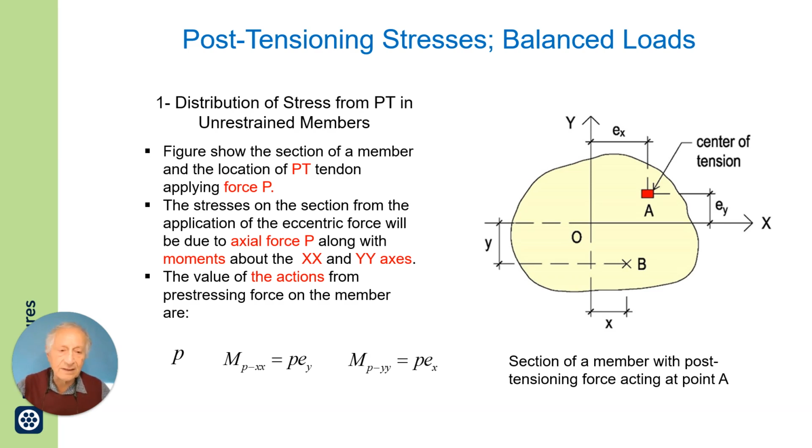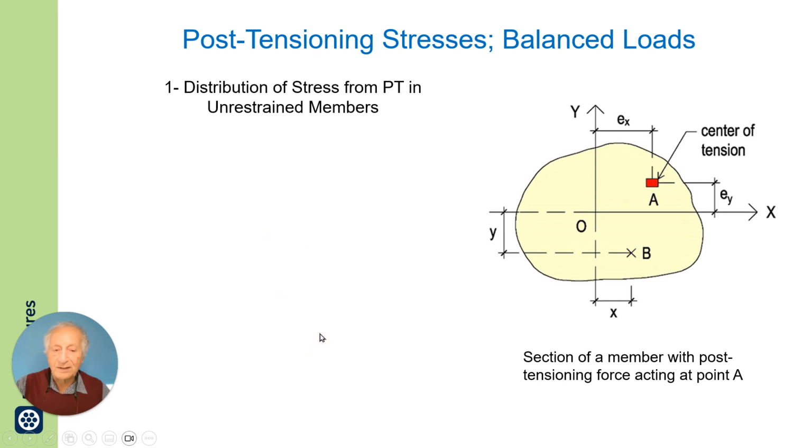Nonetheless, if you look in the literature and common practice, the common belief is that if you have a tendon at the location shown in A, at the point B, there will be actions as here. This is valid for the anchorage, but anyway, this is the way it is done.